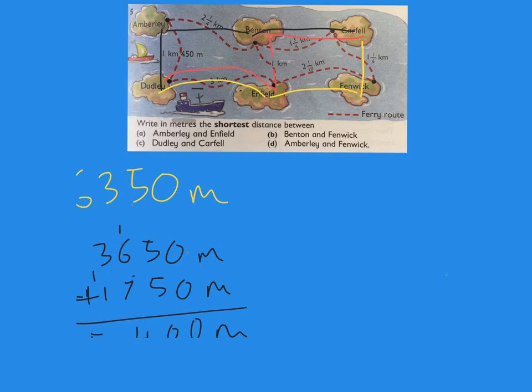Then add on the 1 3/4, 5 kilometres, 750. Okay, so the red one's 5,750. Which means that our black journey is the shortest. So the one from Dudley to Amberley to Carfell, and that was a total of 5,400.